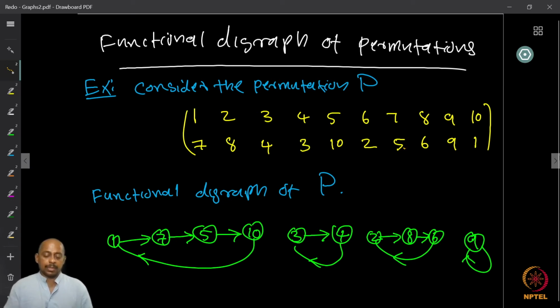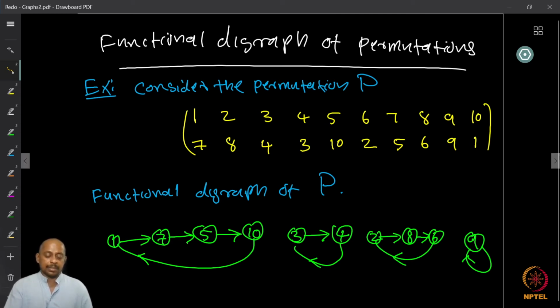So to draw the diagram, you basically define the function and then you look at what happens. So 7 going to 5, then 5 goes to 10, then 10 goes to 1. So now that is one cycle. Then we have to start with the next available one.